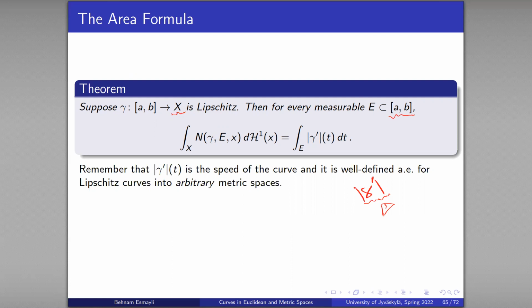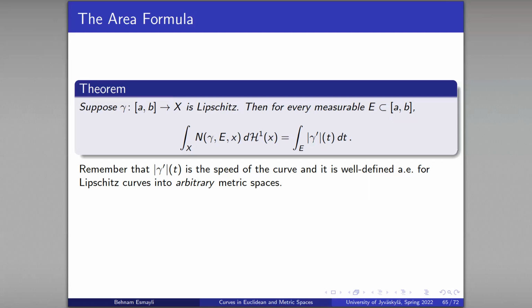I have 2 videos which discuss this notion of metric derivative. It's at the end of the day a non-negative real number, and by some important theorems, for a Lipschitz curve, this speed is well defined for almost every t. Therefore, this integral makes sense. And of course, the main claim is that these 2 integrals are in fact equal.